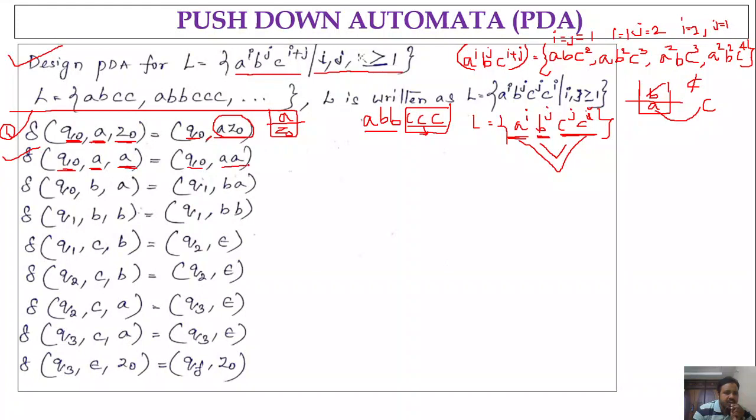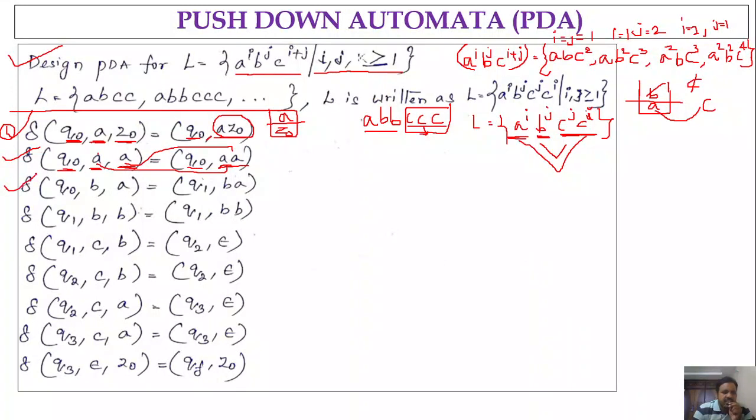So q naught comma a. That means we are pushing the top of the stack, that is a, and also the input symbol a. So that's why we write q naught comma a. This is the case when we have a as the input and the top of the stack is also a.